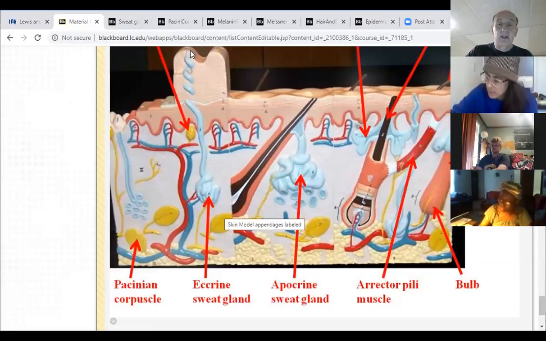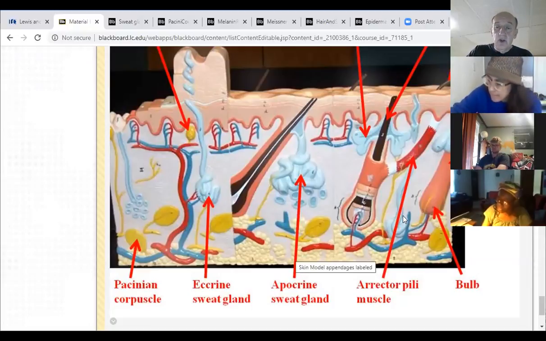You can follow this here. Here's another sweat gland cut in half, but you can see that the duct goes all the way to the top of the stratum corneum. Here is yet another sweat gland. If you follow the duct, it goes all the way to the top of the stratum corneum.